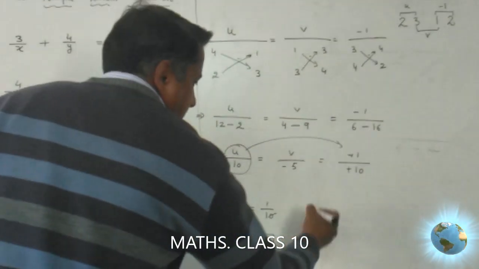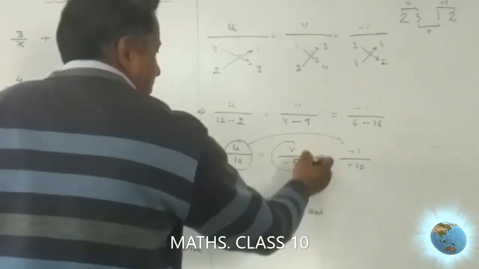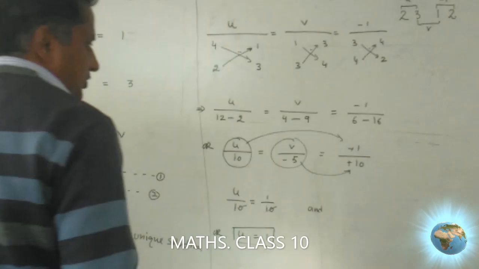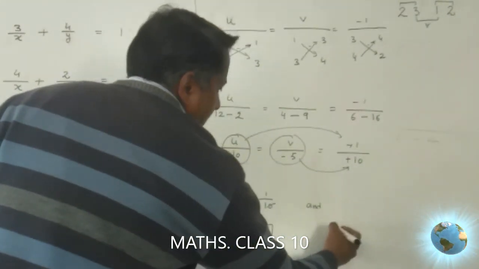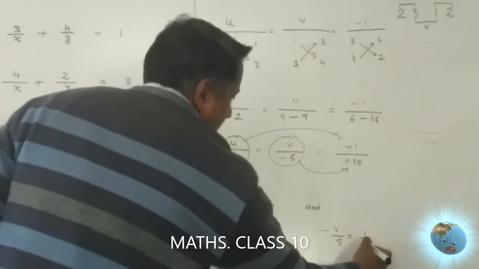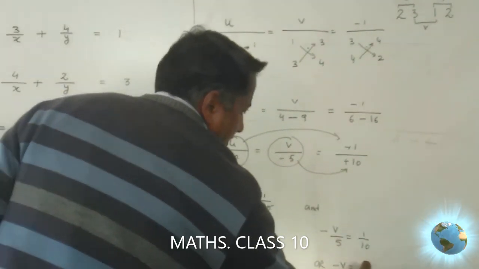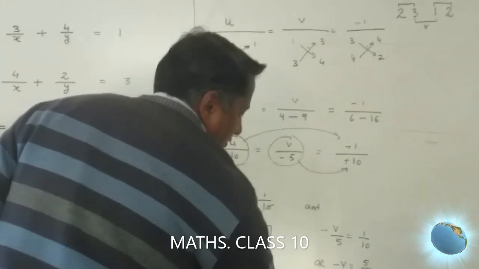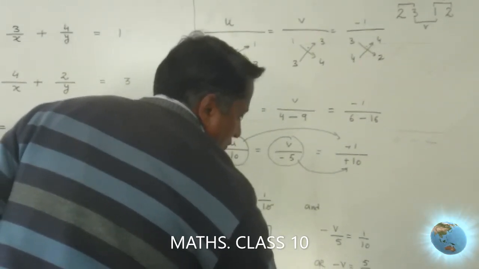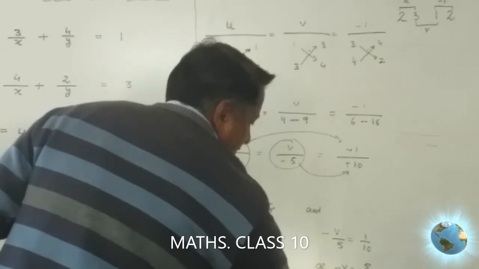And similarly, to find the value of v, again equate this term with the constant term. So we can write minus v over 5 is equal to 1 by 10, or minus v is equal to 5 by 10, or v is equal to minus 1 by 2.